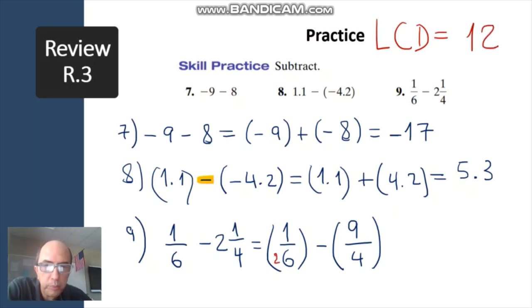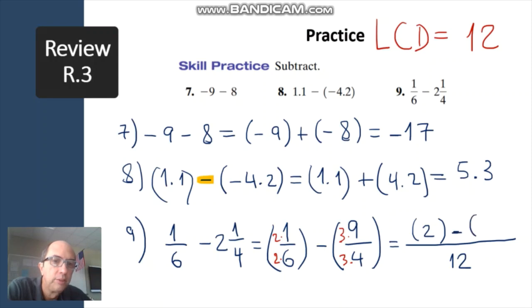To make 12, multiply by 2 here and multiply by 3 there. And we will have, draw this long line, bar, 12, the least common denominator, 2 times 1, 2, minus 3 times 9, 27.